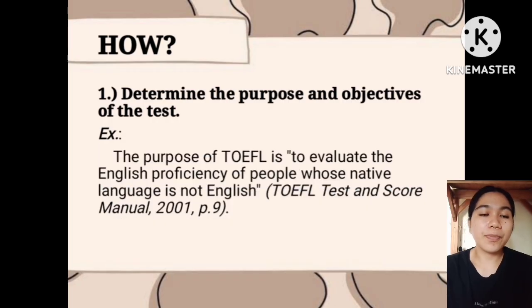For example, the purpose of the TOEFL is to evaluate the English proficiency of people whose native language is not English. More specifically, the TOEFL is designed to help institutions of higher learning make valid decisions concerning English language proficiency in terms of their own requirements. Most colleges and universities in the US use TOEFL scores to admit or refuse international applicants for admission.